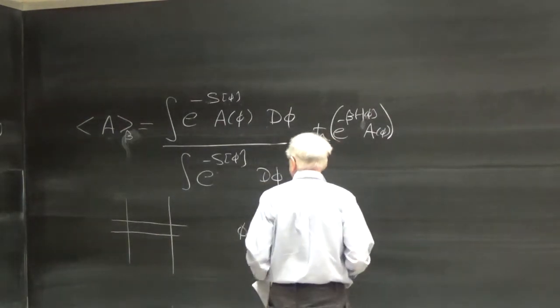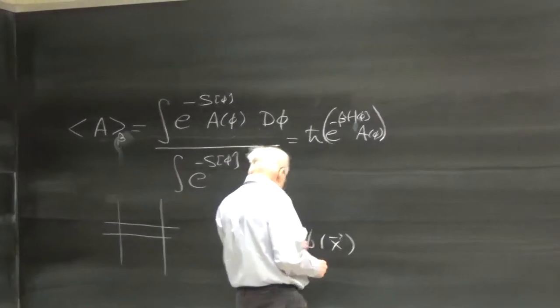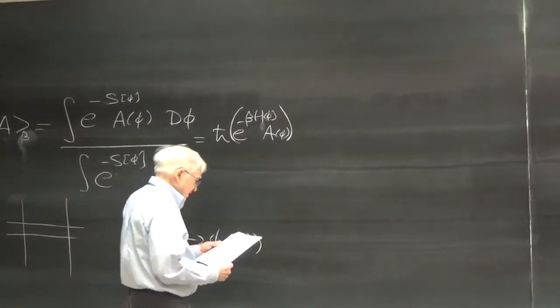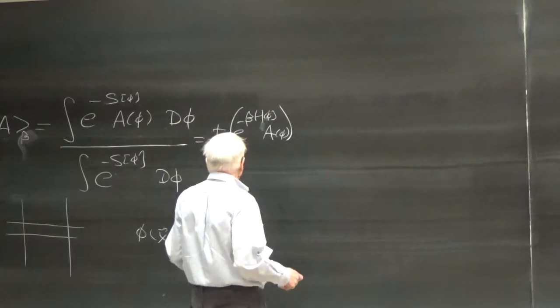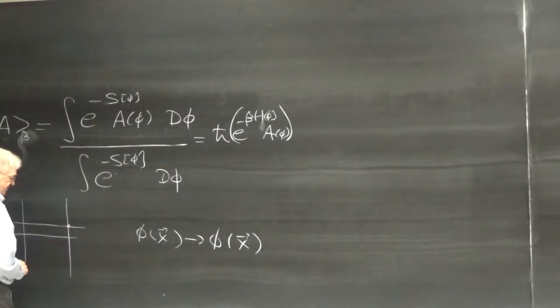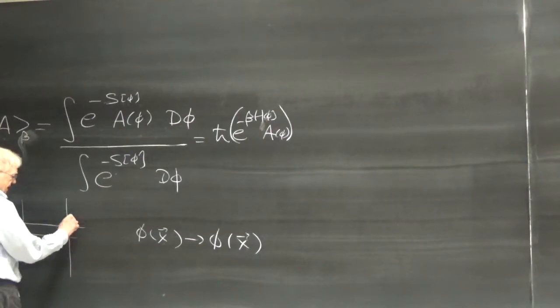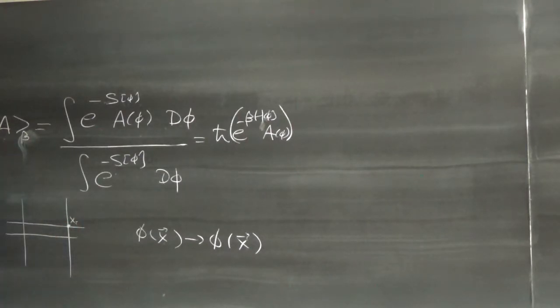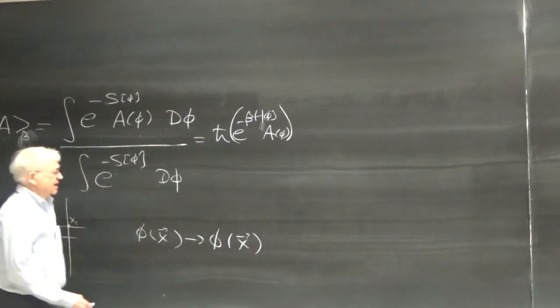And the basic idea is that what we've got at any lattice point is some variable. Let me just call it x sub I. I'll label the lattice point by I, and x is the variable there.